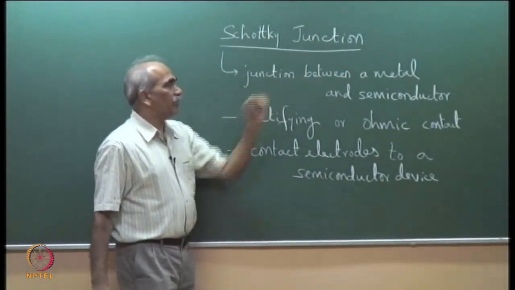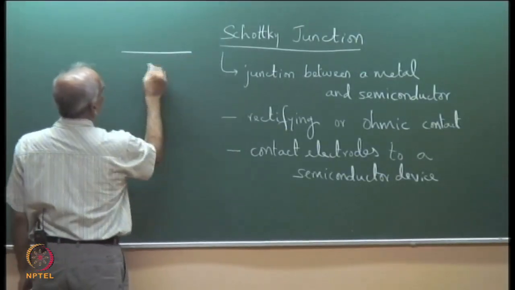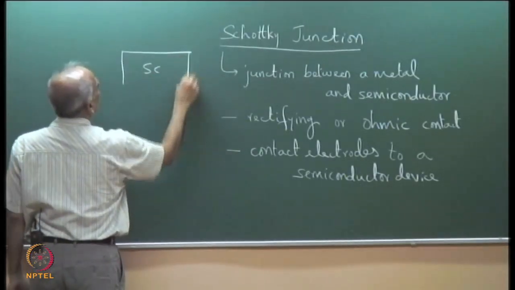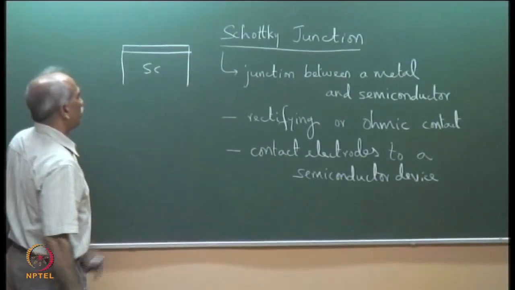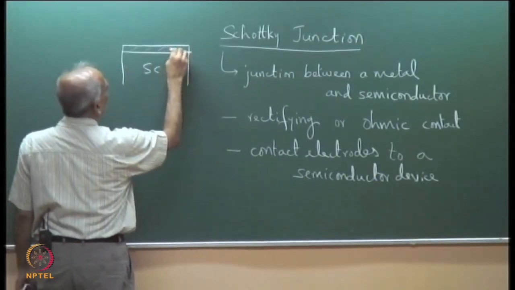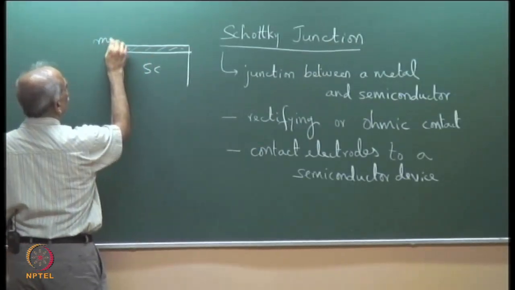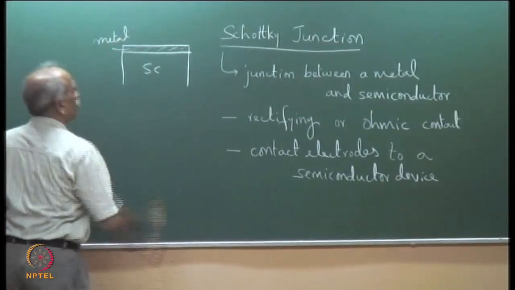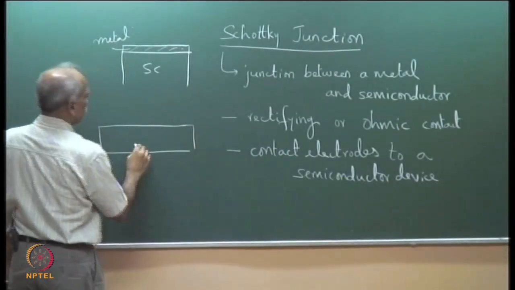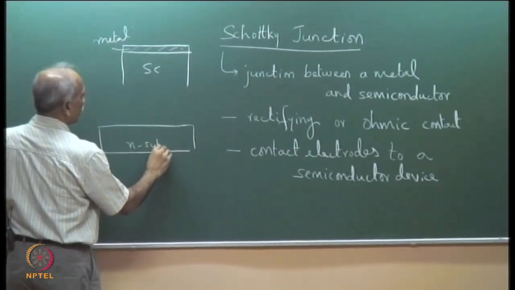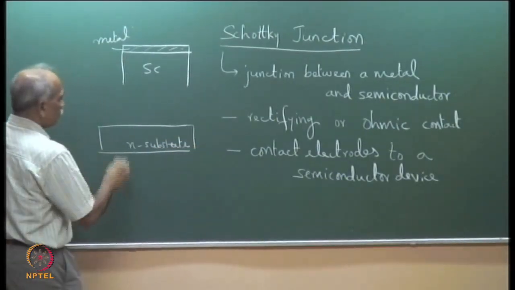So, it is a junction between a metal and a semiconductor. It could be in planar epitaxial growth, a metal layer grown on a semiconductor. Or, let us say, this is an N substrate. You make a PN junction by diffusion.